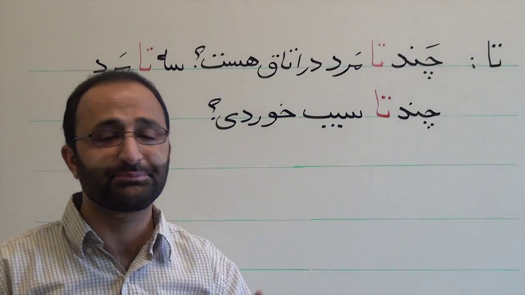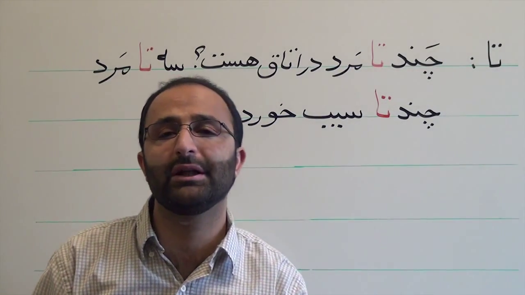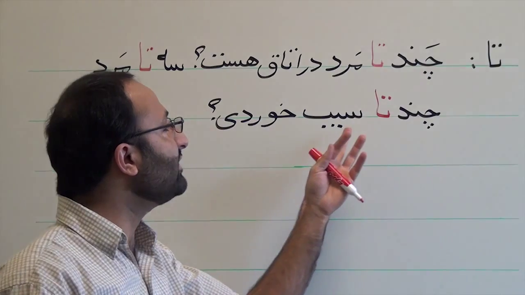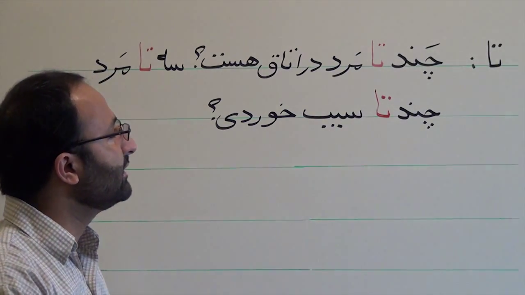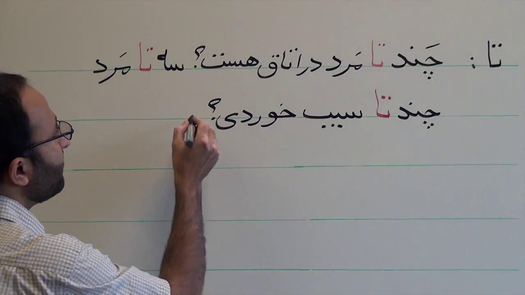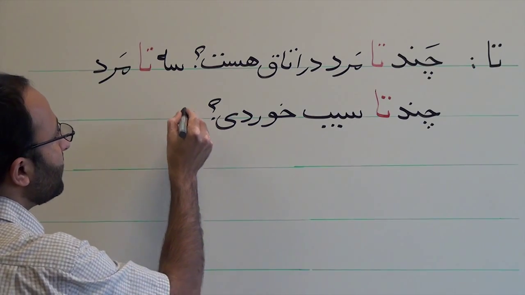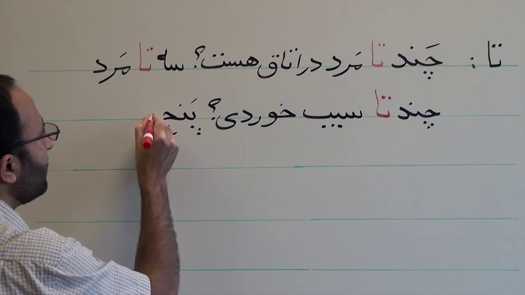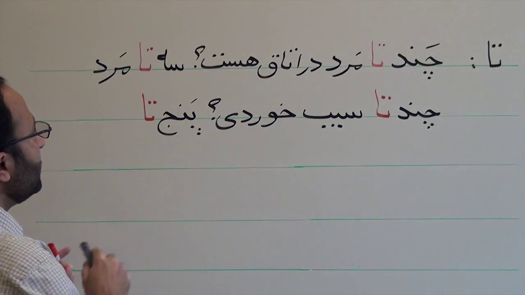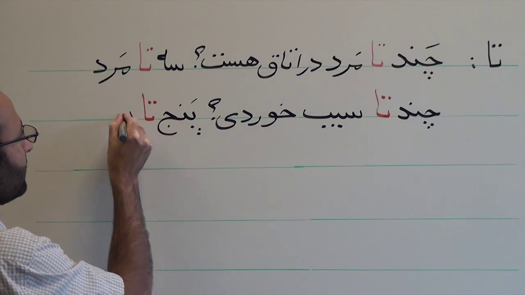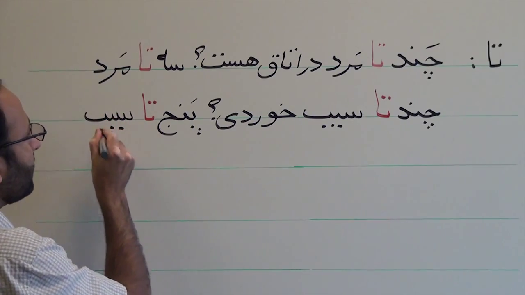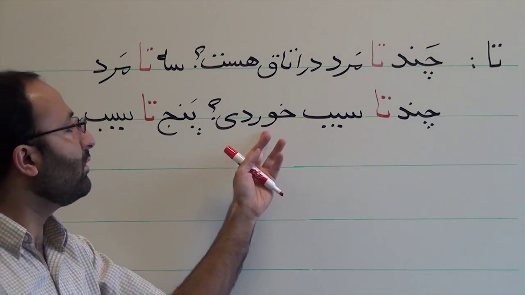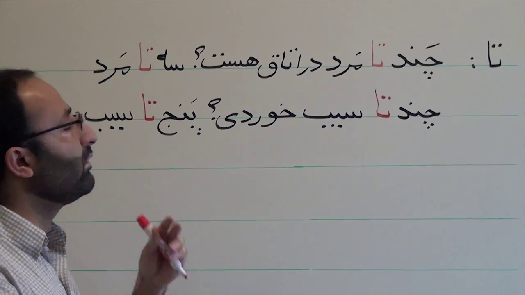As we talked, never use a plural noun after chand. چند تا سیب خوردی؟ And I say 5 تا سیب. چند تا سیب خوردی؟ 5 تا سیب خوردم.